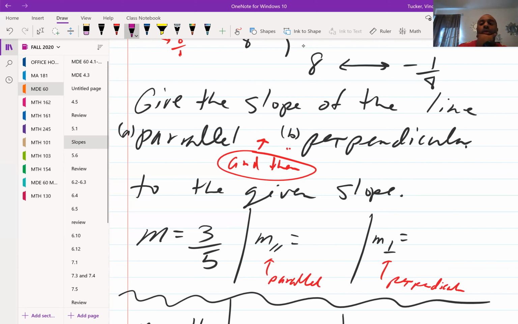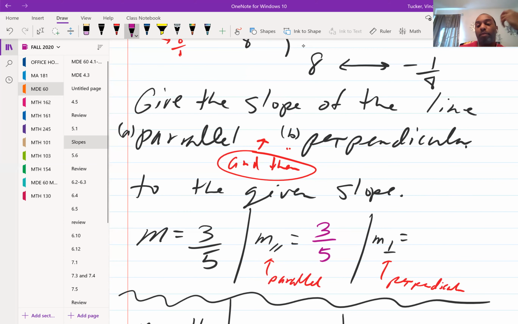All right, so if we go back to what we said about parallel lines, they're going to have the same incline because they never touch and never cross each other. So if the slope of my original is 3/5, and I want a line that's parallel to that, then the slope of a parallel line would also be 3/5.